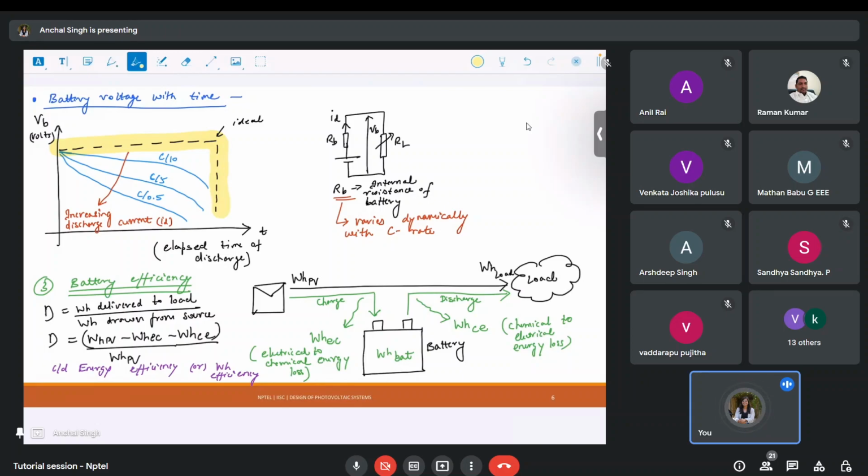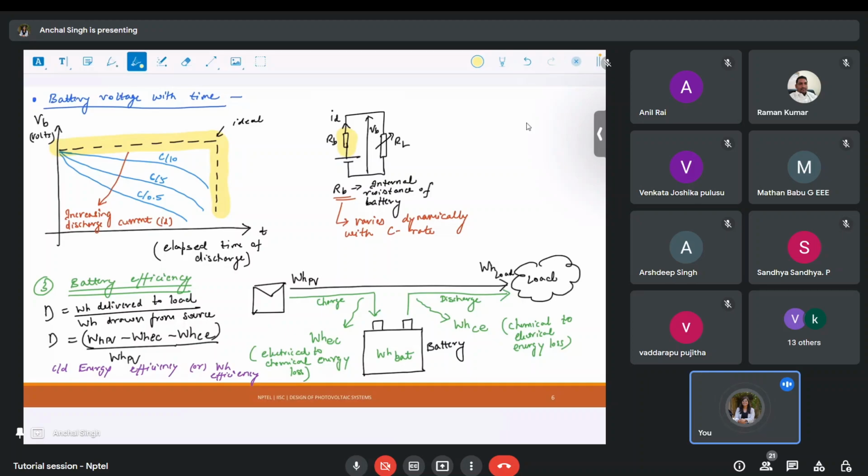But it does not remain ideal because of the presence of the internal resistance of the battery. None of the components are actually absolutely a resistor, inductor, or capacitor, right? There are always some lead inductances, parasitics, or non-idealities present everywhere.